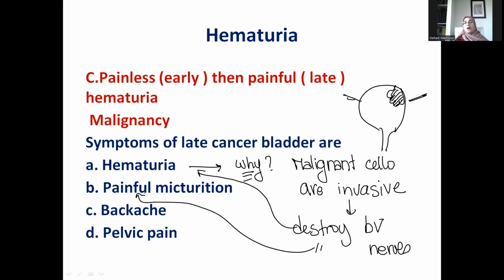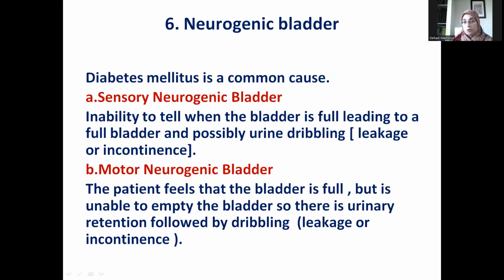So if I ever ask you about the hematuria that occurs in malignancy, why is there hematuria? Simply because the malignant cells invade and damage the blood vessels. And why is there pain in cancer bladder? This is just because the malignant cells can invade a nerve and cause pain, or invade the bones and cause bone pain.